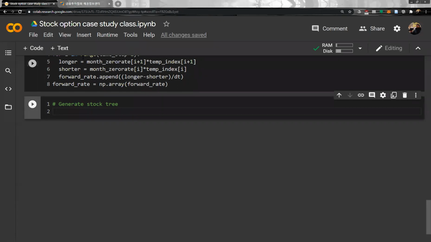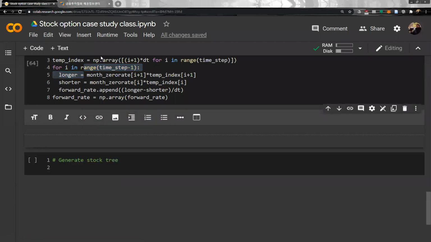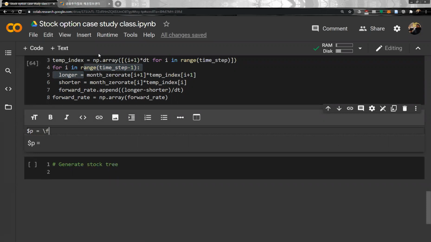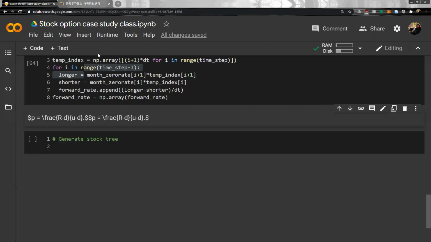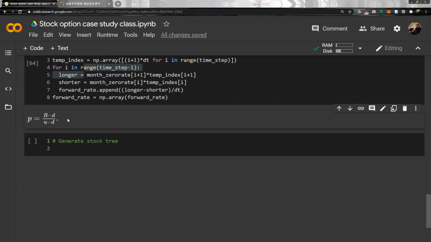So here, the risk neutral probability P is basically e to the power of... Notation is complicated, so let's simply call it R minus D over U minus D. Looks like this one as a risk neutral probability.